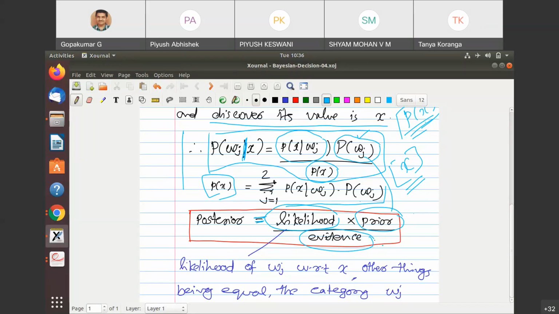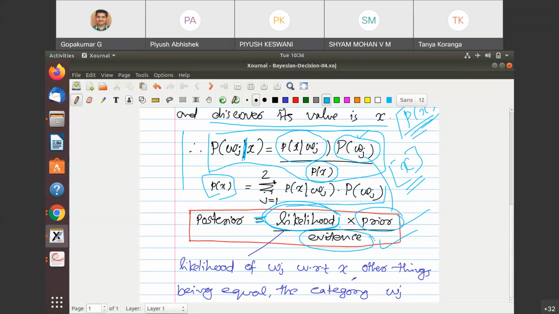Then the prior probability is already known, and we have this class conditional density function that we call the likelihood. We will see shortly why it is called a likelihood.